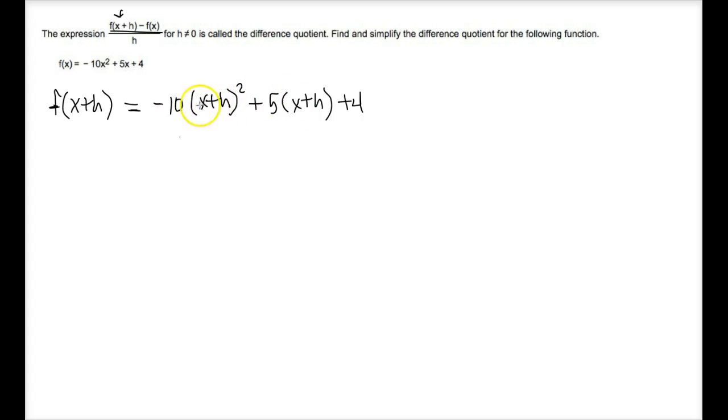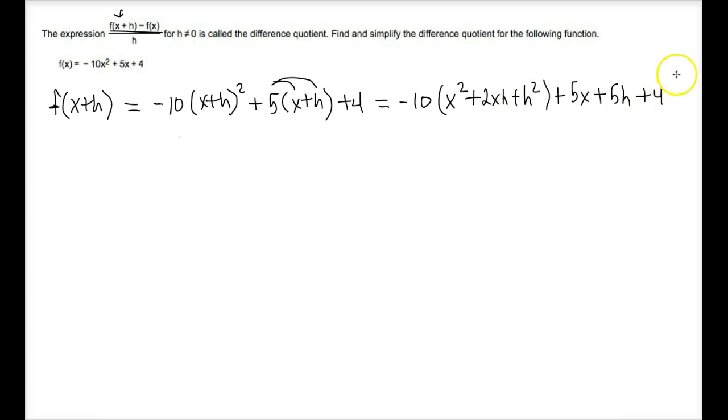Now from here, I just need to multiply out what x plus h quantity squared is. That's x plus h times x plus h, and also distribute here. So we have a negative 10, and x plus h times x plus h is just x squared plus 2xh plus h squared. And then to distribute for these 2 terms, we have 5x plus 5h, and then plus 4.